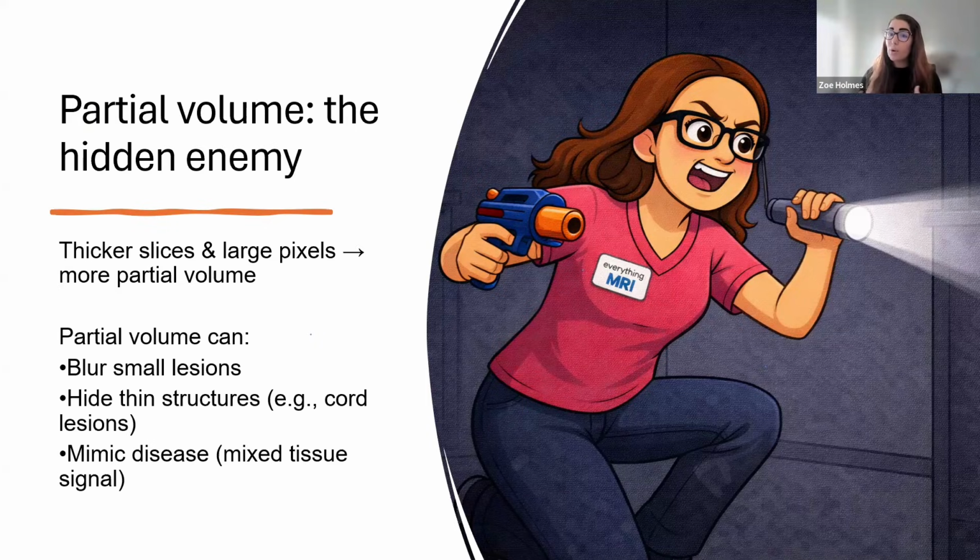If you're not positioned well within the coil, you're not going to maximize your machine's capabilities, so make sure your coil positioning is spot on. Next, modest increases in your averages, NEX or NSA, can draw back signal, while keeping in mind the time cost. Another approach is to reduce your acceleration to give yourself some more signal back as well.